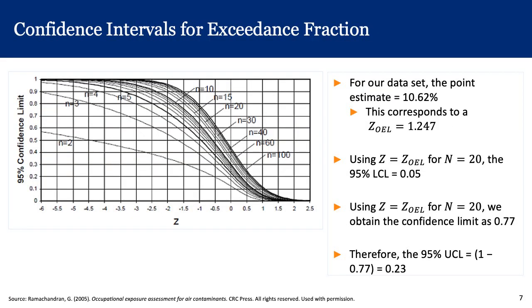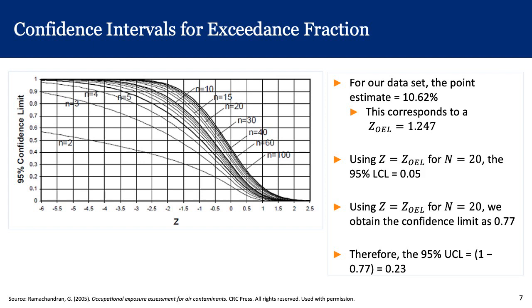So now let's look at the confidence intervals for the exceedance fraction. This is shown in this particular graph, and it's kind of hard to read, but let me describe how you would interpret this graph. In our data set, the point estimate of the exceedance fraction is 10.62, and this corresponds to a z statistic of 1.247, as we discussed in the previous slide.